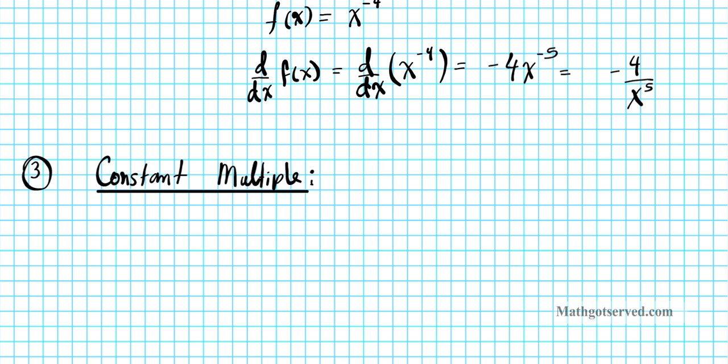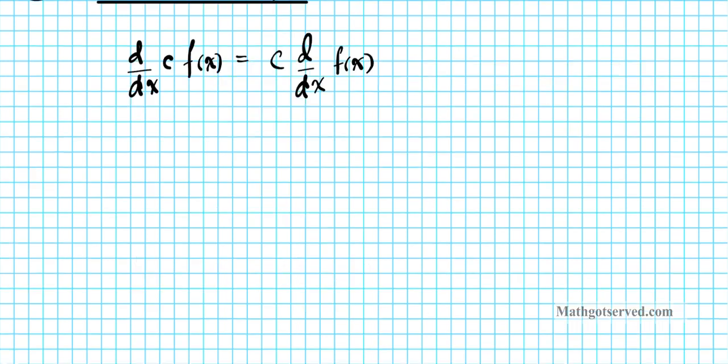Well, let me write down the formula first, and then we'll talk about what it's telling us. If you have the derivative of a constant multiplied by a function, this is the same thing as a constant multiplied by the derivative of the function.